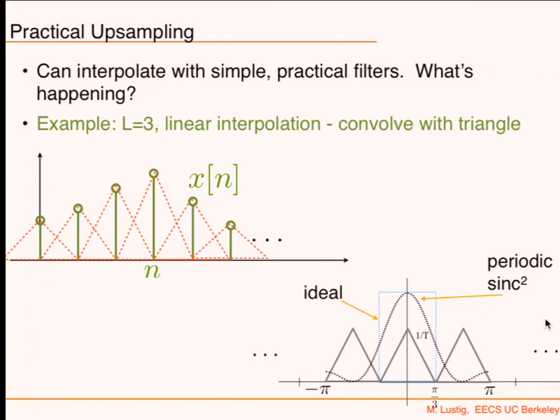It does some anti-aliasing. It's like filtering with a bad anti-aliasing filter. So it's going to attenuate these replicas, which are a problem, but not completely. And at the same time, it's also going to create some distortion to your spectrum.